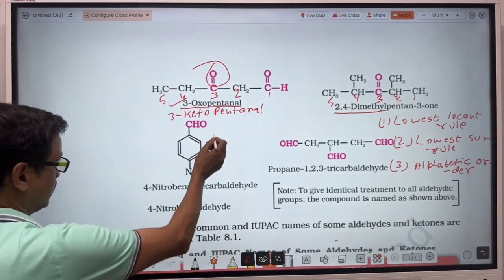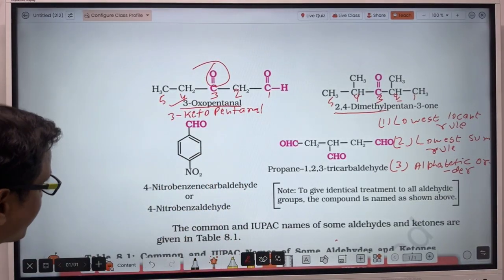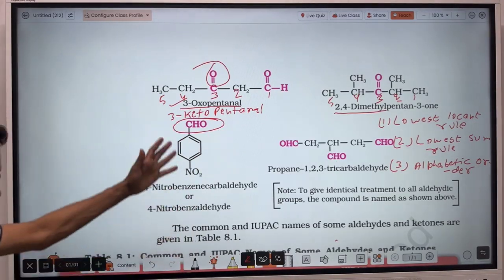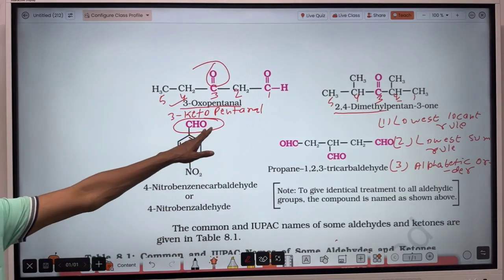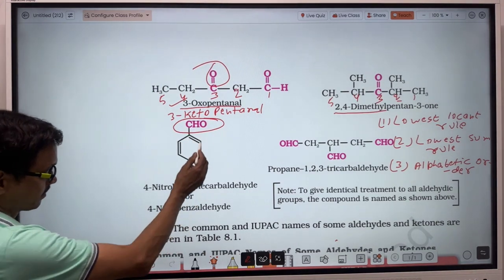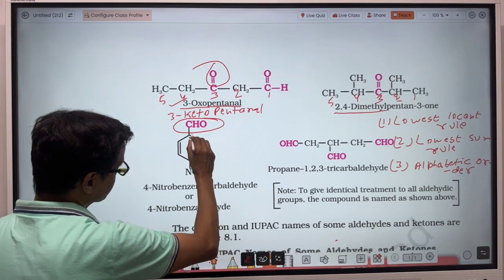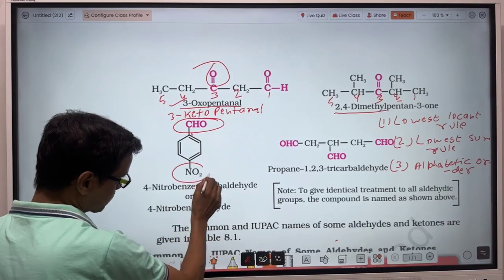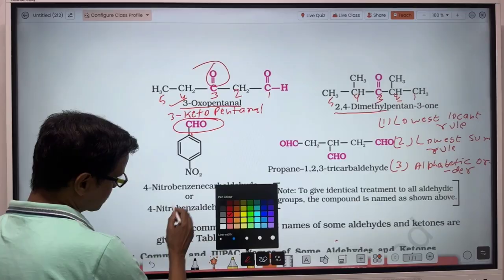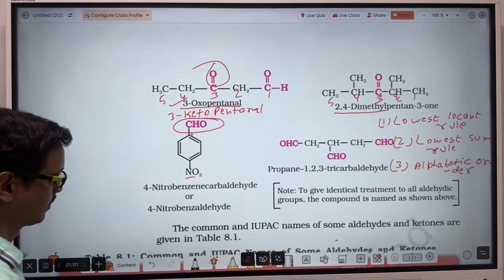Okay, now let's see here. In this compound, here CHO is outside the ring, so that cannot be counted. So that's why we will use the word carbaldehyde. Okay, so firstly write the IUPAC name here. There is another substituent also here. Substituent means here a functional group will act as a substituent, this NO2 group.